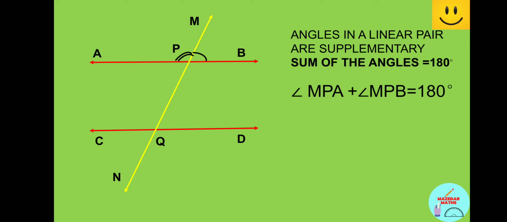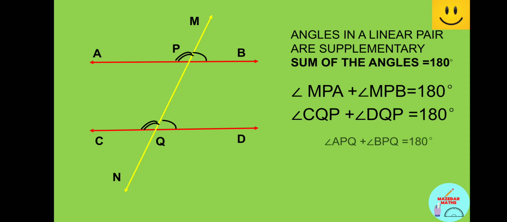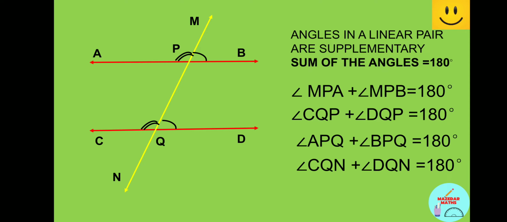Angle MPA plus angle MPB is equal to 180 degree. Angle CQP plus angle DQP is equal to 180 degree. Similarly, we have 2 more pairs of angles in a linear pair, that is, the sum of the angles is 180 degree.